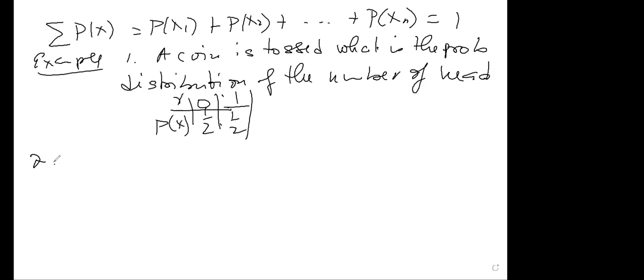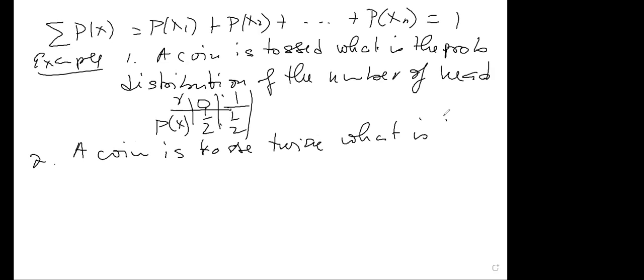The second random variable, I don't have to write everything, was: a coin is tossed twice. What is the, we call it probability distribution function, PDF, probability distribution function of the number of heads?